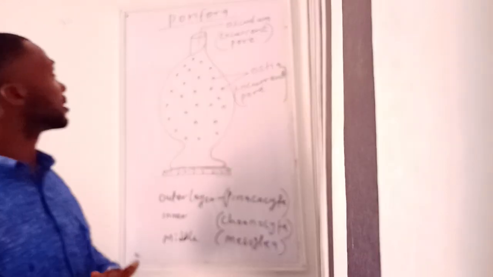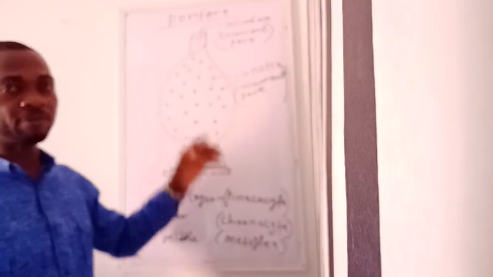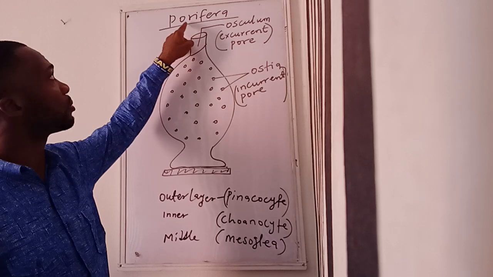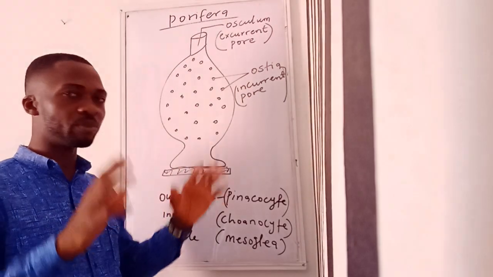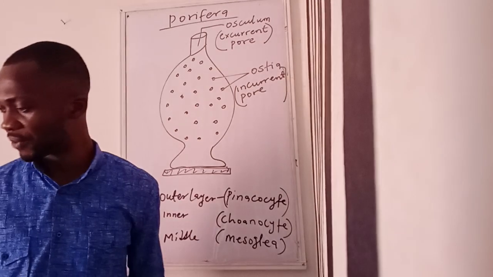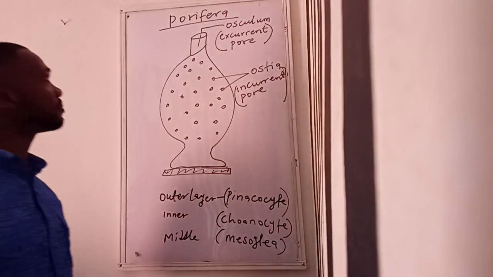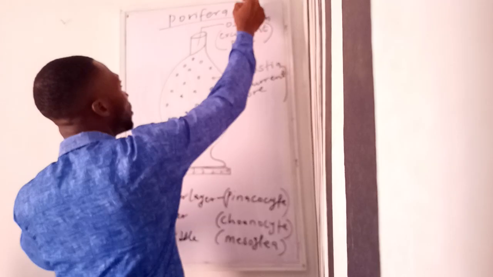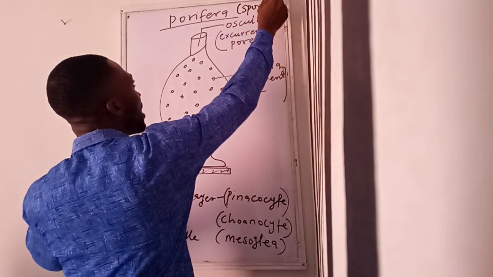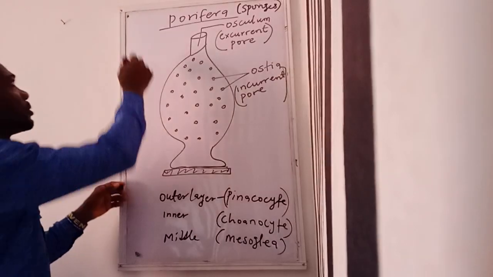When we talk about the porifera, the first thing that should come to mind is the word pori. It came from the word pore, meaning hole. So this organism, also known as the sponges, has numerous pores on their body.